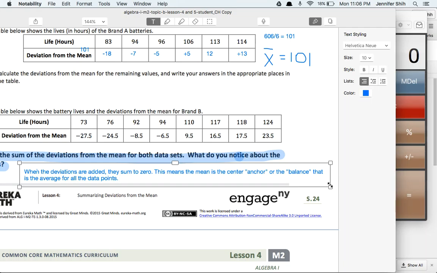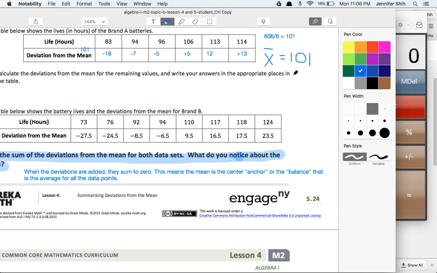Basically, the mean tells us a lot because it tells us the center. And then if we know how far away we are from the mean, we're going to learn more about what that means too. But this is the most important thing that you can take from the video. When the deviations are added, they sum to 0.